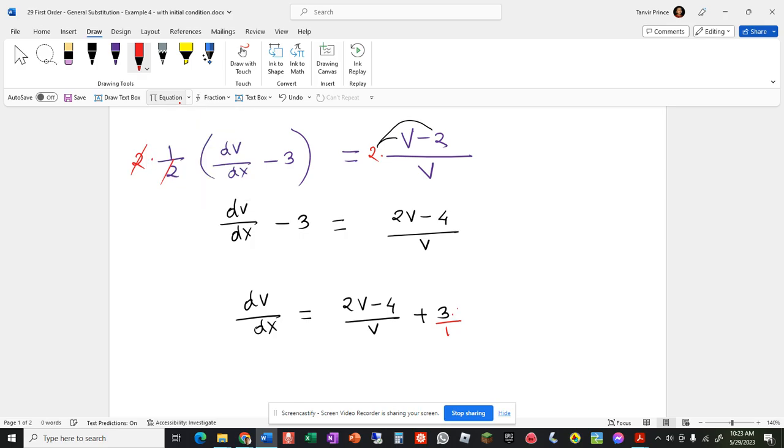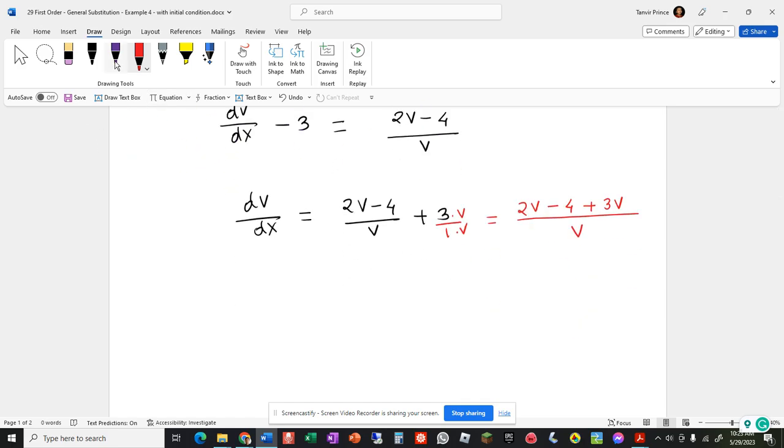So you are going to multiply top and bottom by v, right? So let's do that. So the v is the common denominator. So I have 2v minus 4 plus 3v. So at the end, I get dv dx equal to 5v minus 4 over v.